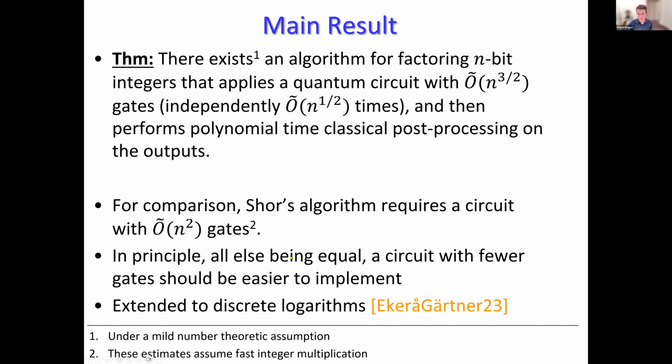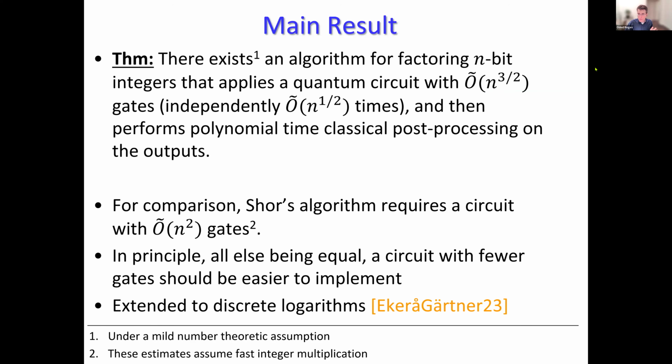In principle, a circuit with fewer gates should be easier to implement. Before you protest, I'll discuss this more in the next slide, but this is the idea. We want to reduce the number of gates that we have to run in the circuit. Running the circuit square root of n times later should be okay, something that we could just do.